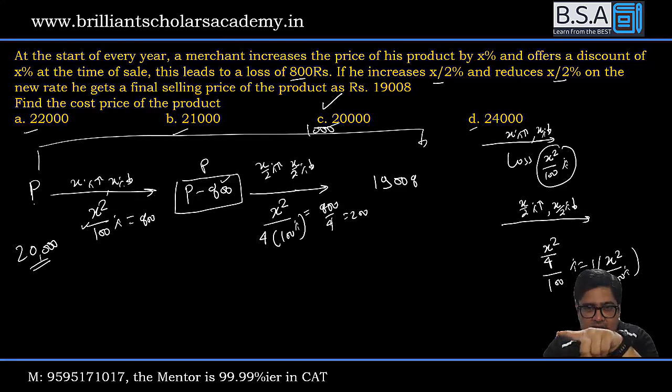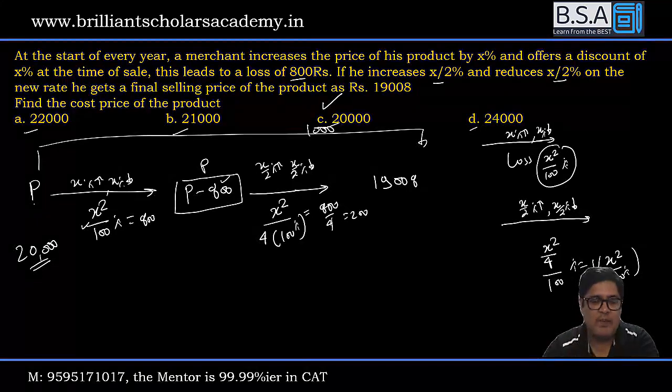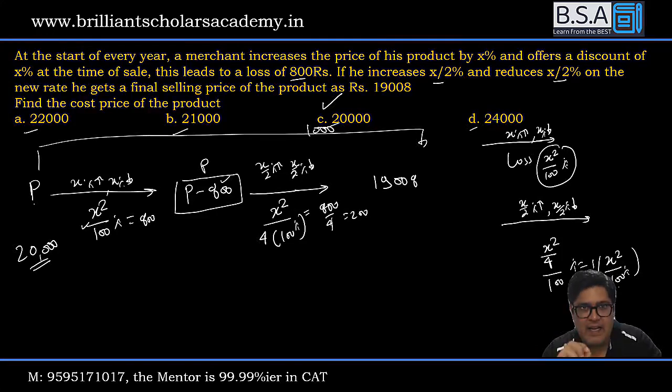Now, if these answer options were very small, very close to 1,000, then you could not approximate in this manner, because 800 becomes a very large number as compared to the answer choices. Now you have to think in a different manner. The decrease will not be exactly 200, it will be a little more or less than 200.